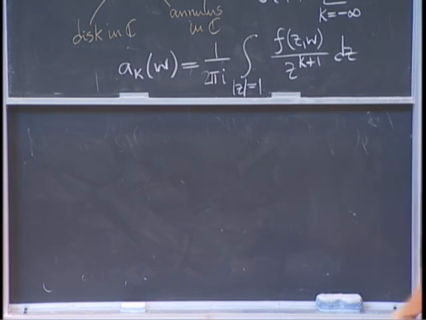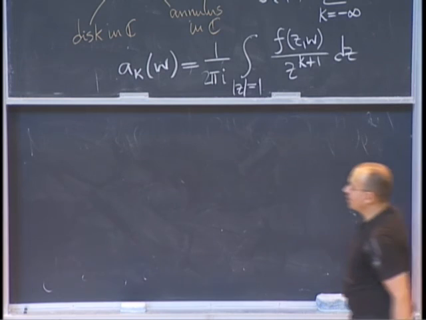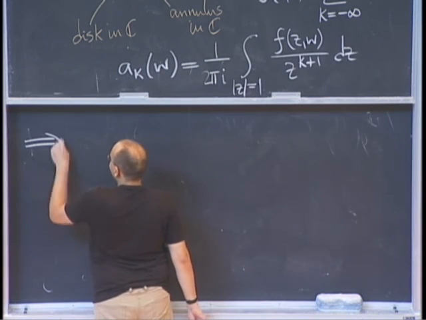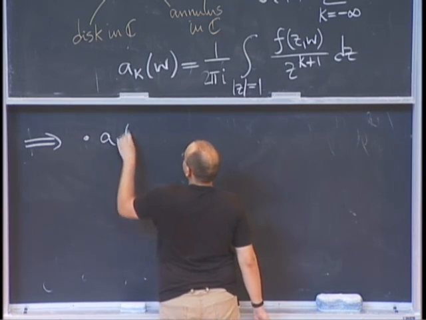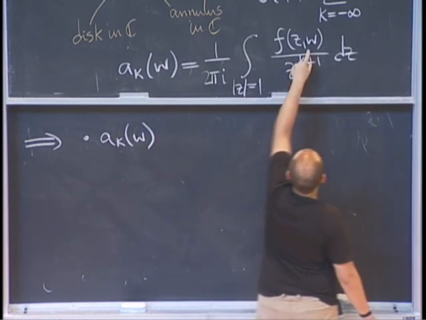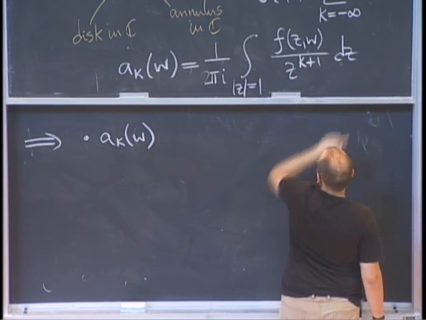This is a very convenient expression for how these Laurent coefficients depend on the parameter W. And so this implies the following. a_k of W is holomorphic in W because I'm integrating something holomorphic with respect to another parameter.